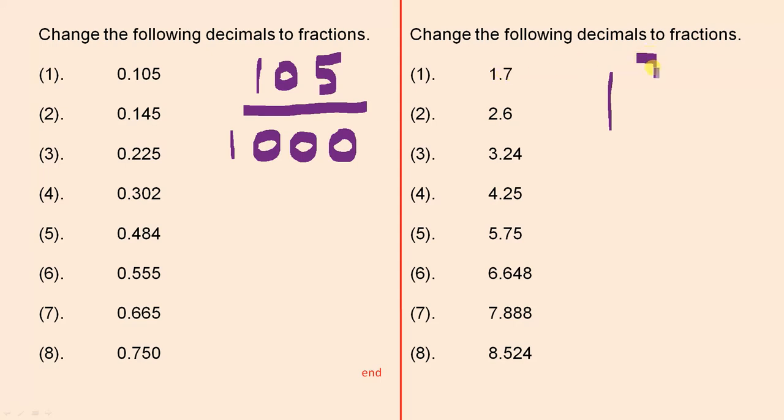You put 7 up there, and you put 10 as the denominator, because there is one digit after the decimal point. And you do exactly the same for all those, noting how many digits there are after the decimal point. That will tell you where those digits go and what to write as the denominator. And finally, if the fraction part can be simplified, that's what we do.